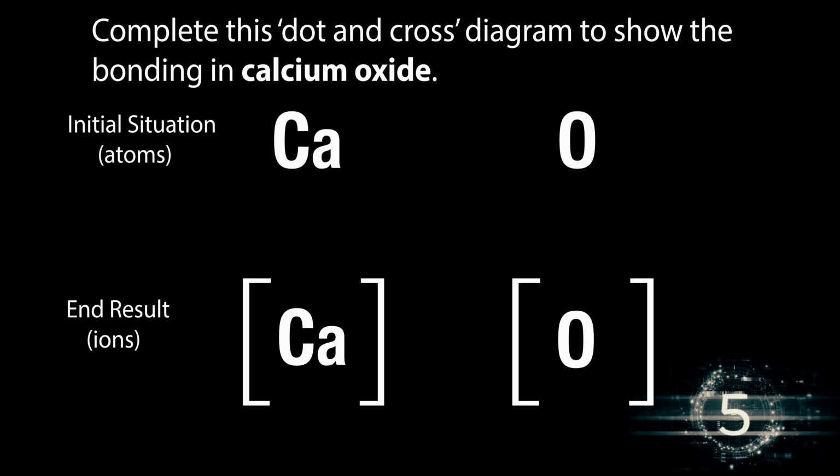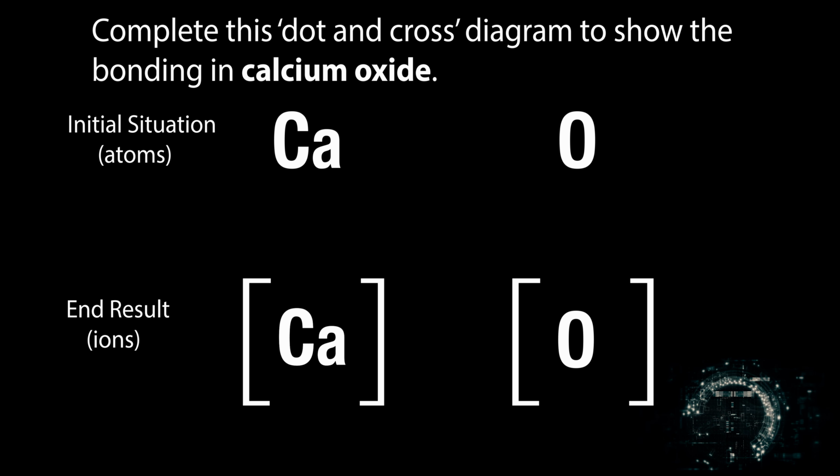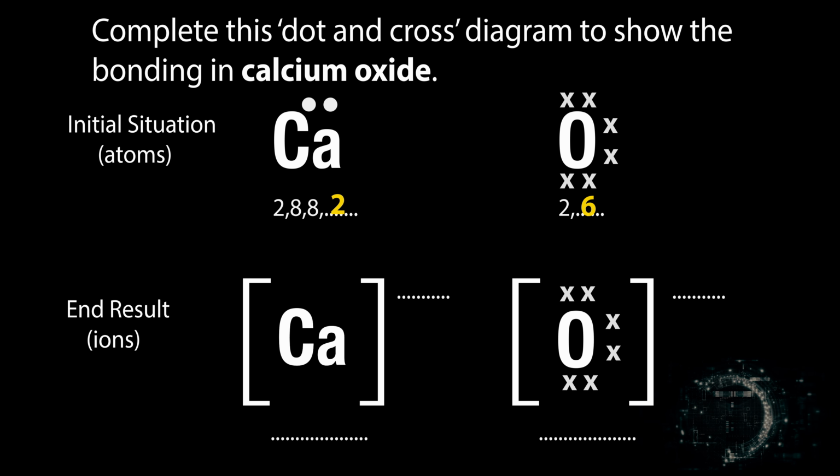Try this one yourself. Pause the video if you need to. And if you got that one right, then you're ready for a whole set of examples which are available on this worksheet.